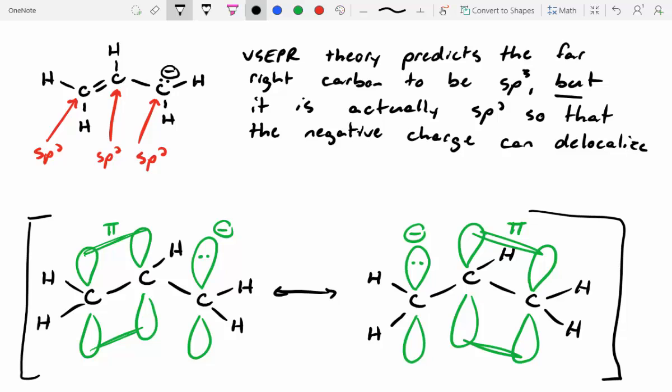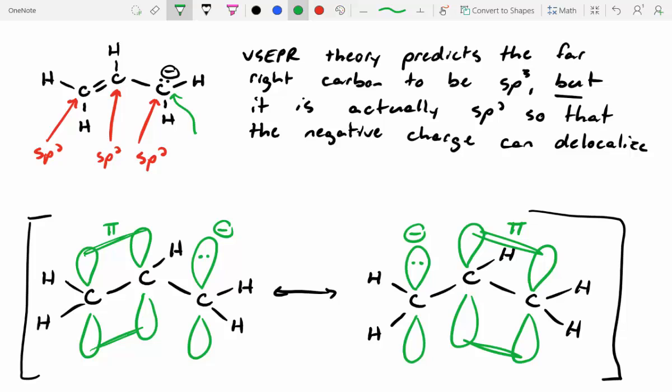So this is interesting. If we look at this carbon coming off of there, what's the geometry going to be? Yeah, in this case it'll actually stay trigonal planar, even though VSEPR theory would try to tell us that it should be tetrahedral. It's going to adopt that trigonal planar geometry, and it's going to have that extra p orbital so that that negative charge can move around across multiple atoms.